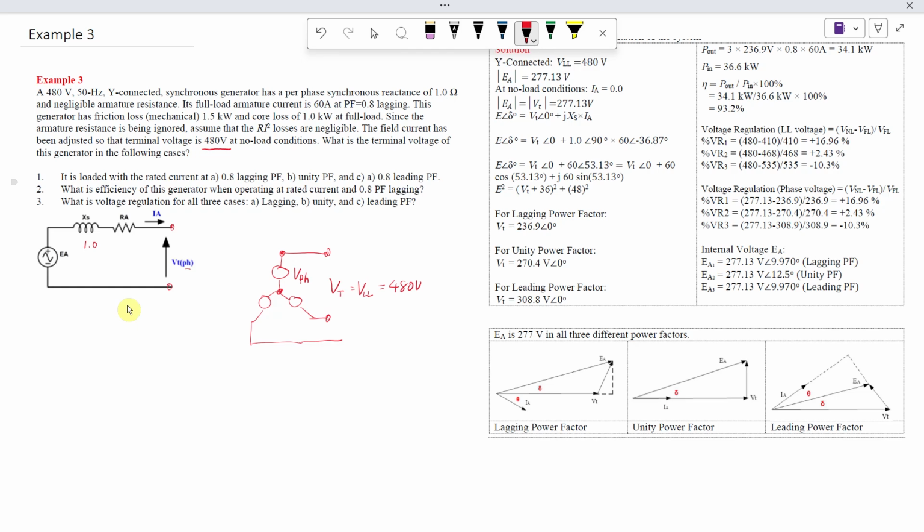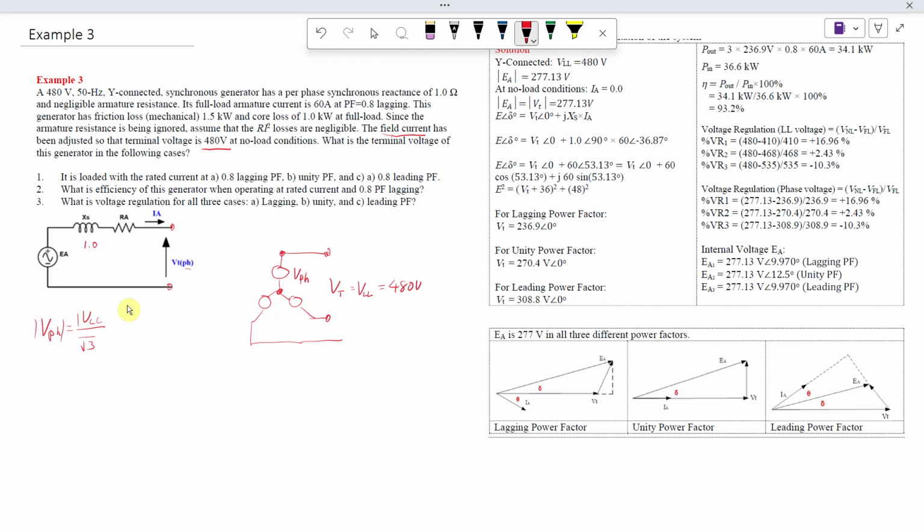When the excitation field current is fixed, then this EA is fixed. EA voltage is only related to the field current, and we know that at no load condition the terminal voltage is 480. So we want to convert to the phase voltage, which equals the line-to-line voltage divided by √3.